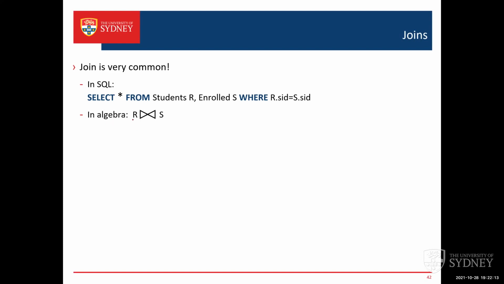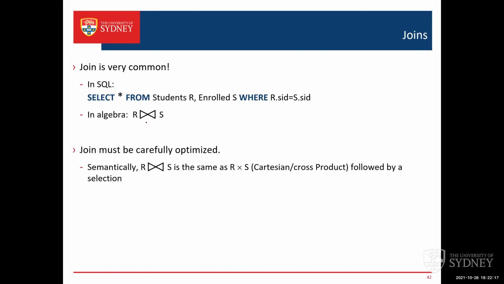In relational algebra, this is the symbol that we have used, and we have learned that natural join is equivalent to performing Cartesian or cross product followed by a selection. Hopefully everyone remembers this equation that we have learned before: R natural join S simply means R cross S, and then there will be some condition in here, theta.